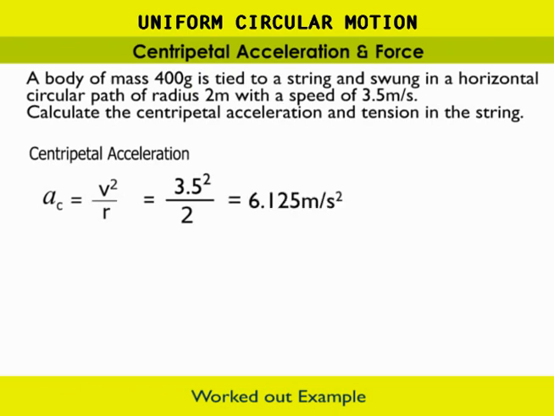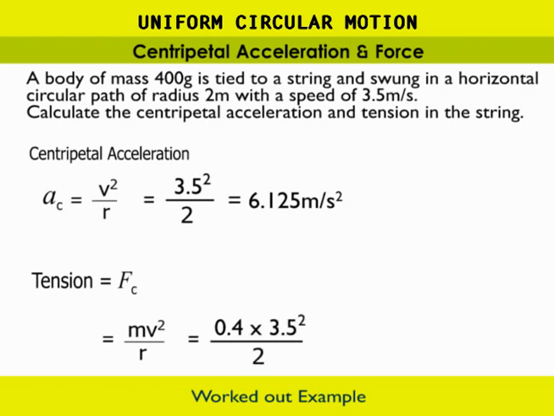That gives us 6.125 meters per second squared. The tension in the string is equal to the centripetal force. That is equal to mv squared over r. That is equal to 0.4 kilograms times 3.5 squared over 2, and that gives us 2.45 newtons.